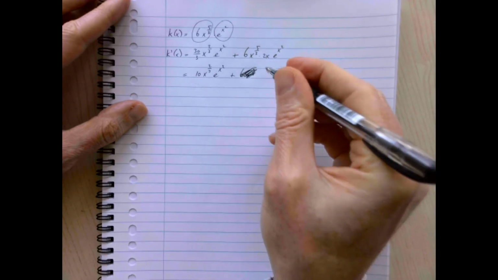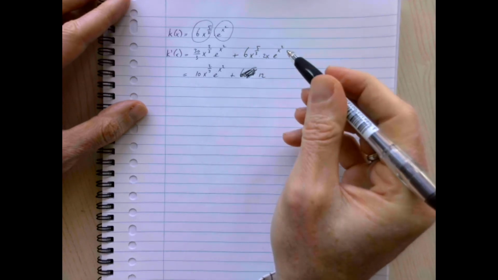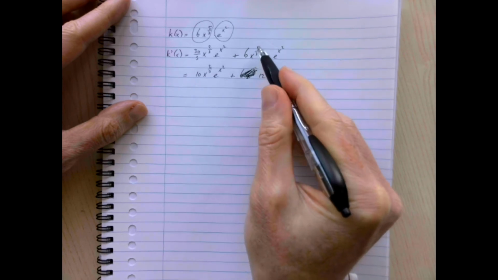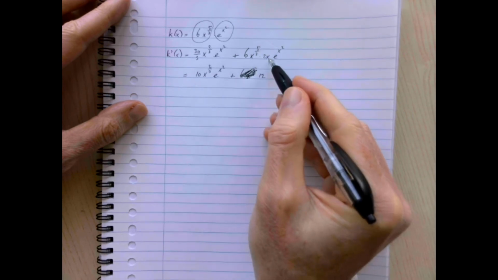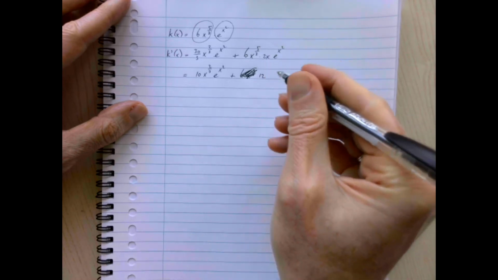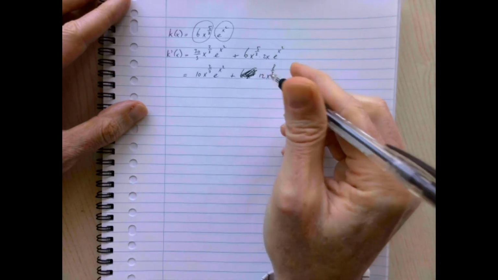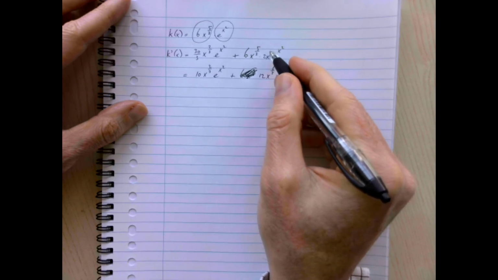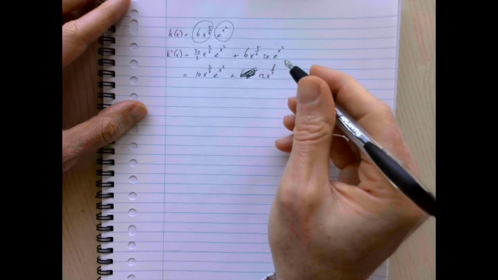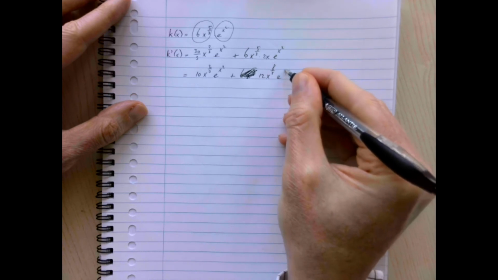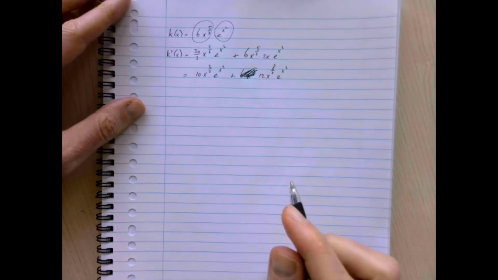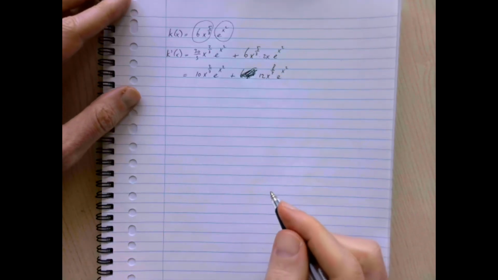So 6 times 2 obviously is 12 while we're working on this. x times x to the power 5/3 times x to the power 1 is going to be x to the power 8/3, right? Add the powers. 5/3 plus 3/3, if you wish, is 8/3 times e to the x squared. So this is the first rewriting to make things a bit easier.